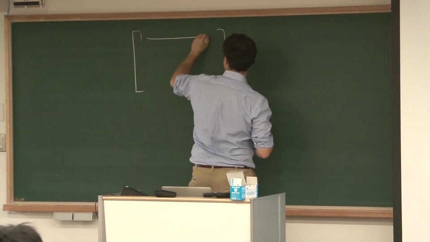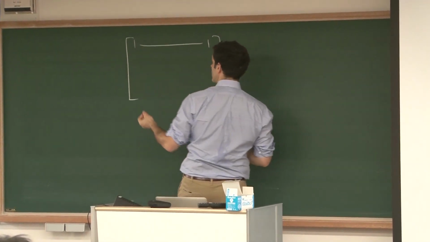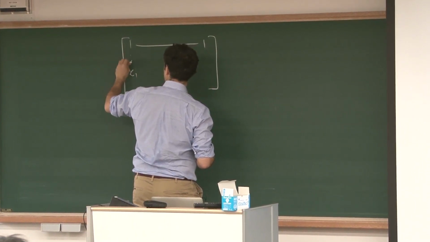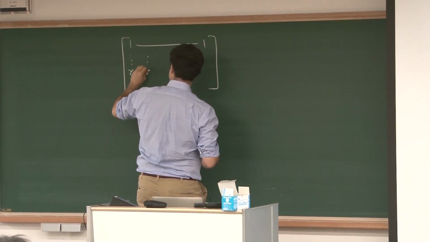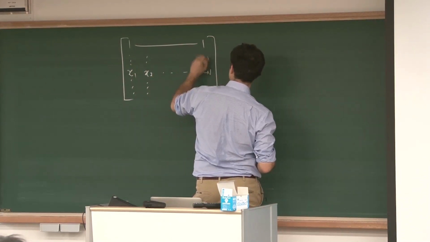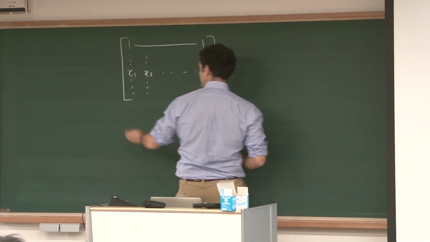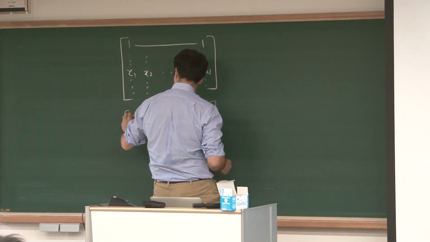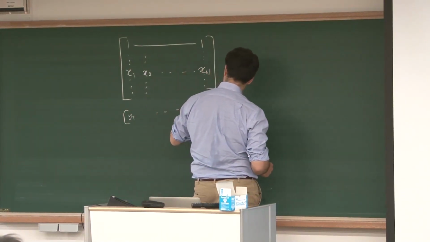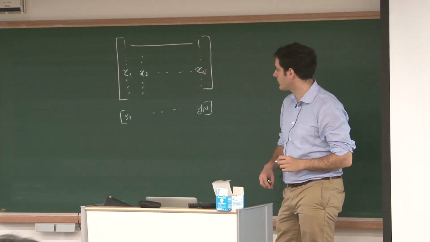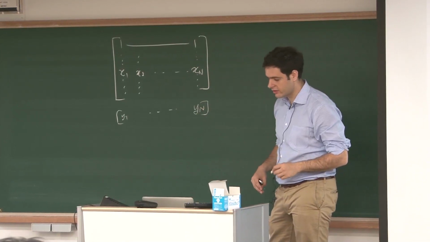The first row is just a constant, and then we have our observations x1, x2, etc., x big N, and then we have real values y1, ..., y big N. A lot of what we did was presented in this way.